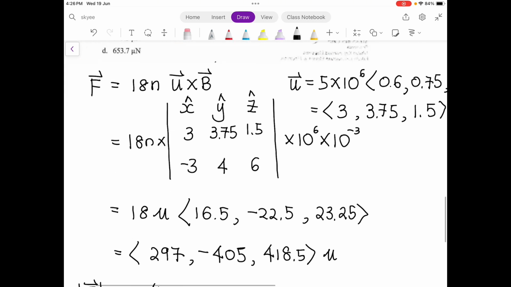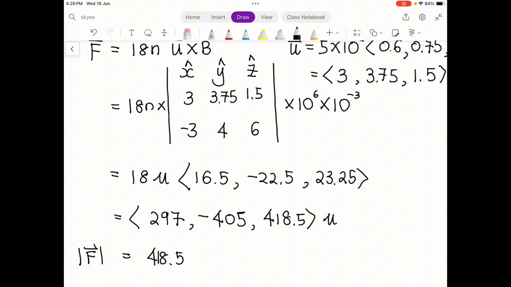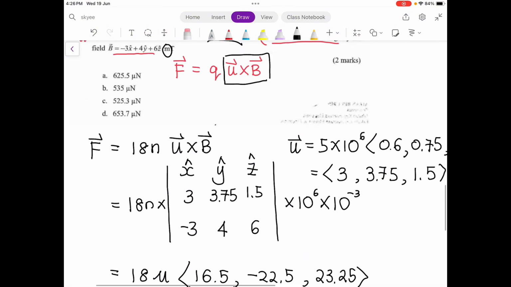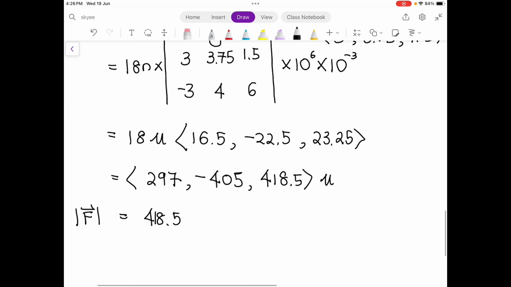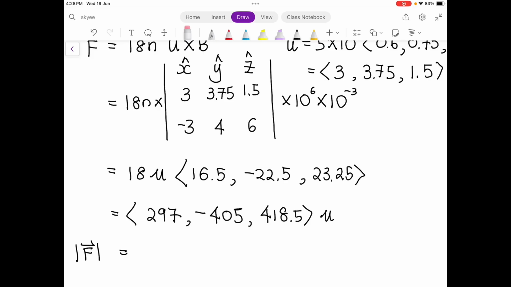This is question number 8. The given answer is this one. I think something is wrong with my calculations. I calculate again. Yes, I calculated wrong.